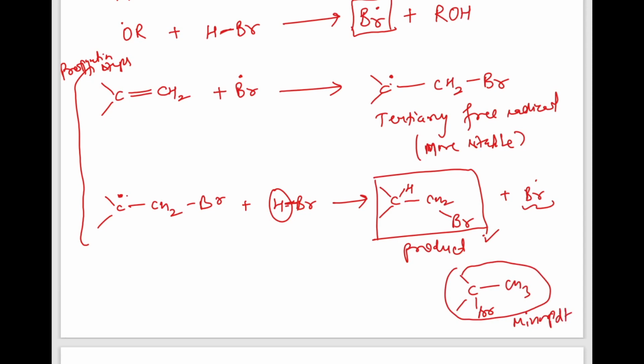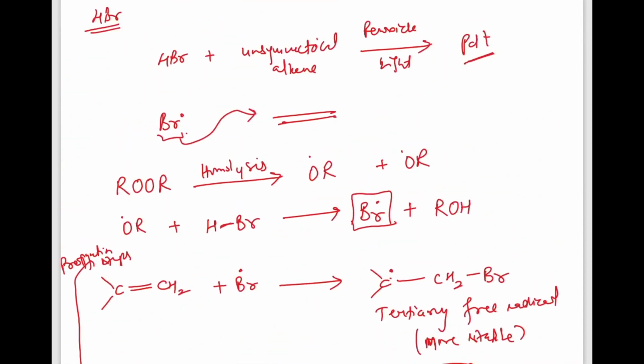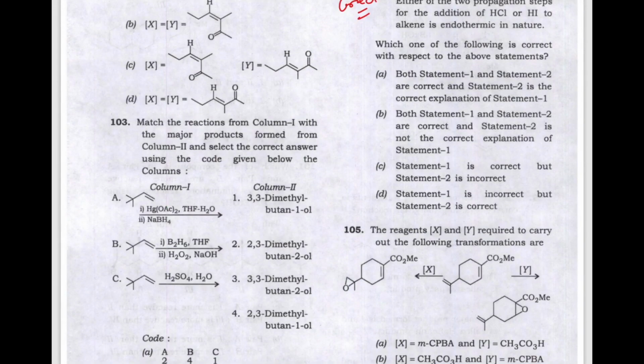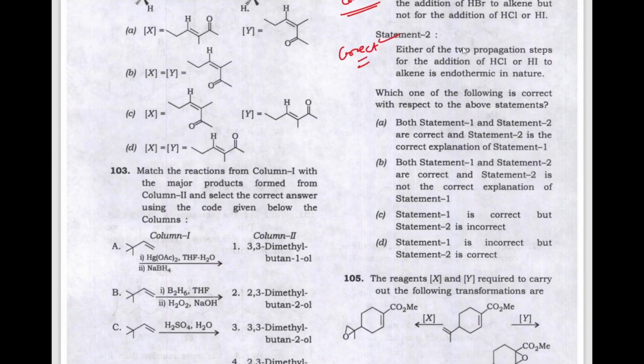And if we consider the case of HCl and HI, in that case, either of the two propagation steps for the addition of HCl or HI to alkene is endothermic in nature. Yes, if we consider HCl and HI, in both cases one of the propagation steps is endothermic.